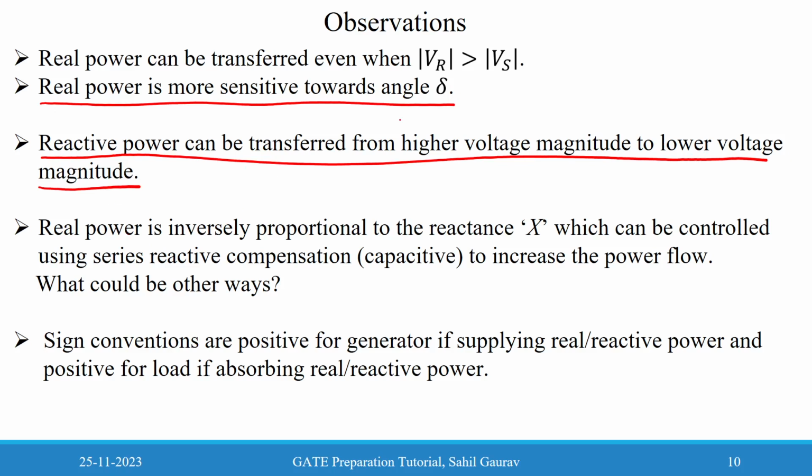This is very important. The real power amount depends on the power angle difference. In another way, you can also say the frequency mismatch. And the amount of reactive power flow in the transmission line depends on the voltage magnitude difference, that is delta V.